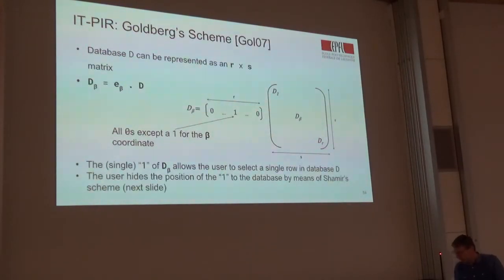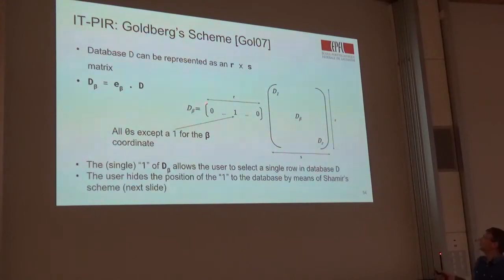So what you do is, let's say that the database is this matrix. Every D here is an entry for a film, D1 up to DR, and all the rest is zeros. Okay? And now you want to retrieve one element of the database. So you create your query here with all zeros, except the one here for this beta coordinate that you want to download.